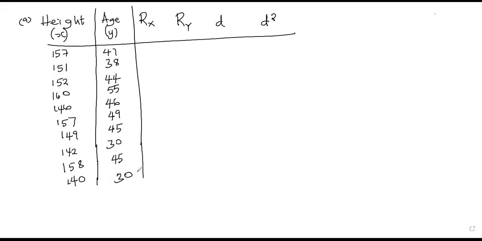We need to rank. Now, when we look at the ranks of X, the highest is 160. We'll give it rank 1. Excuse me, teacher, that first value? It's 160. 160 is the first highest value. Then the second one is 158, right? Then the third is 157.